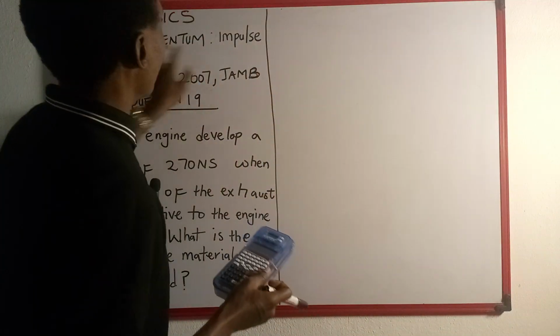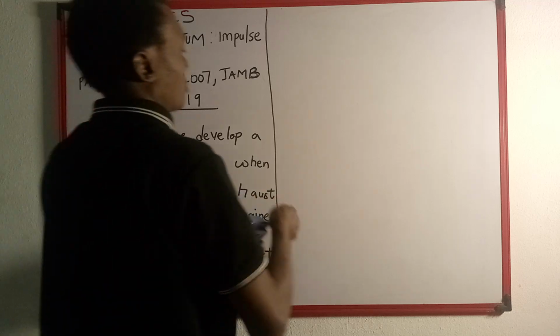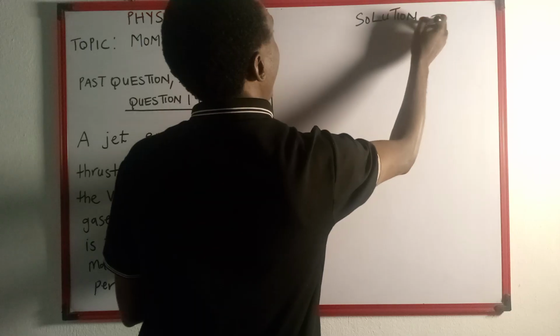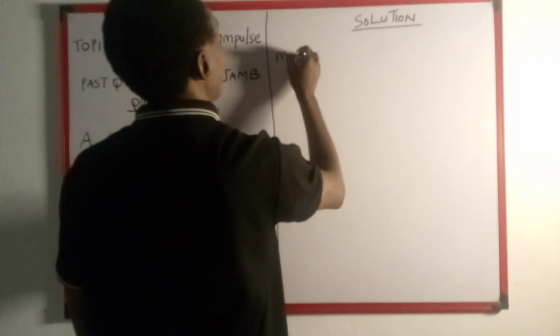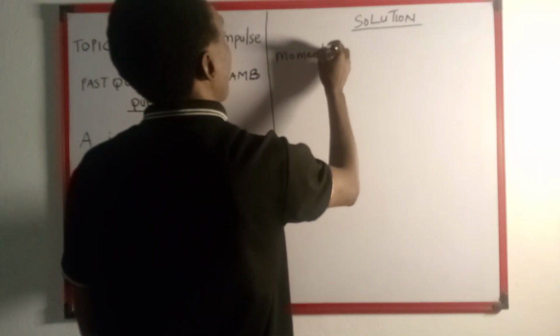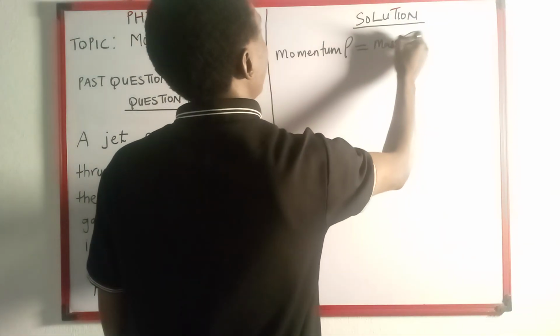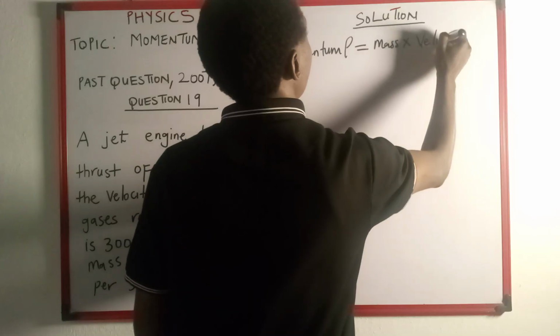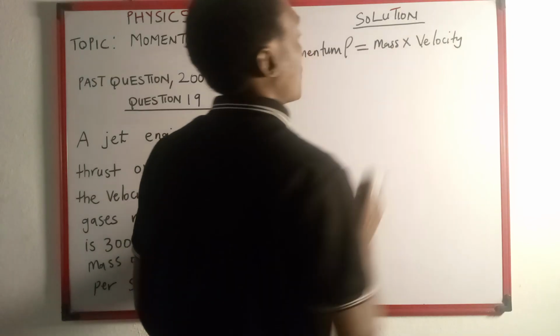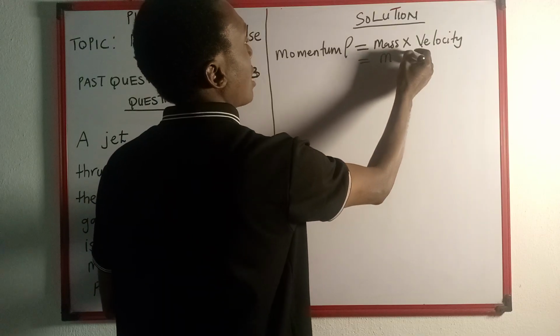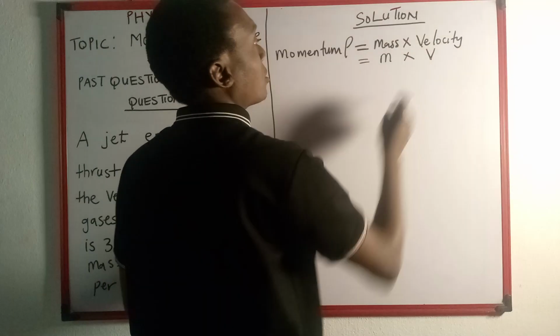Now, this momentum has a formula. So this is simple. It has a formula: mass times velocity. We use m to represent mass and we use v to represent velocity.